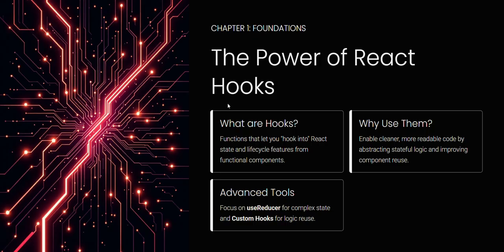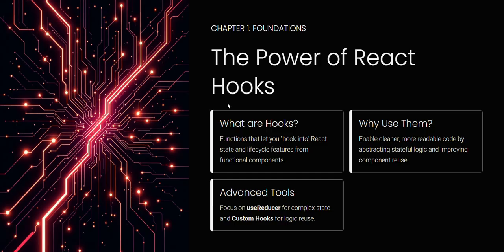When function components arrived and hooks were introduced, it was a major shift. React hooks are simply functions that let you hook into React state and lifecycle features without writing a class component. The biggest benefit is cleaner, more readable code.